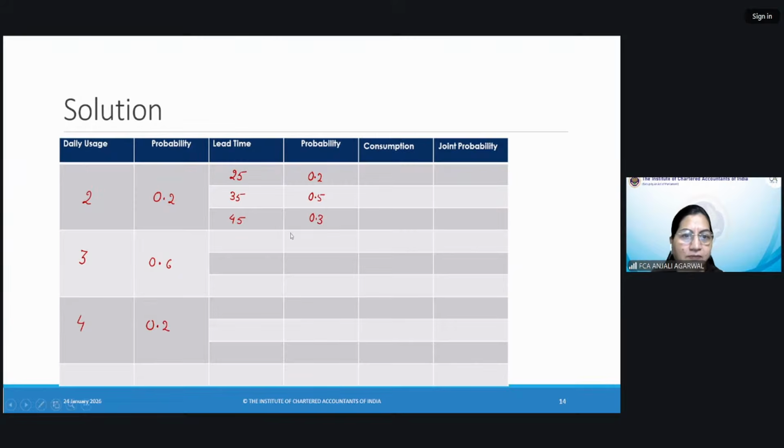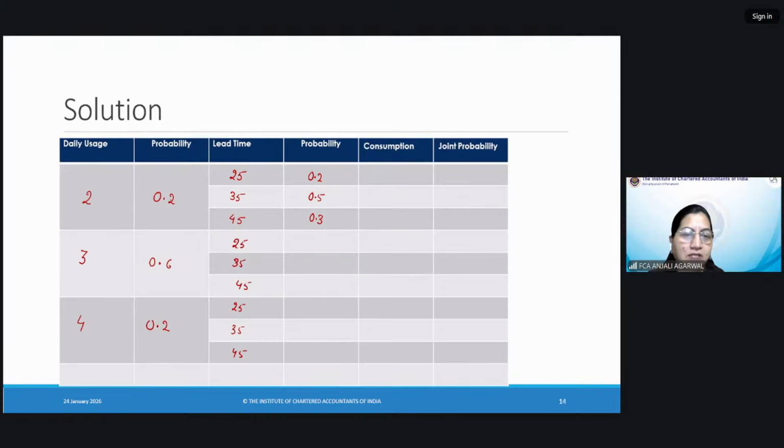Is this okay? I have just filled in the data that was given. If the consumption is 2, lead time could be 25, 35, 45. If the consumption is 3, lead time could again be 25, 35, 45. And if the consumption is 4, lead time again could be 25, 35, and 45.